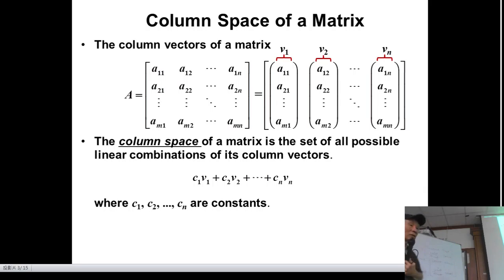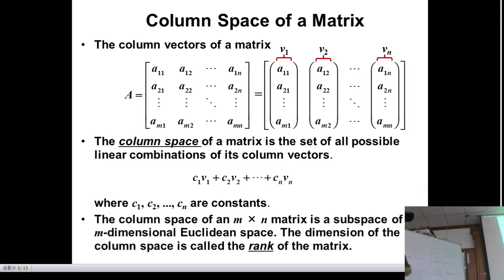So this is what we call column space. The column space of an m by n matrix is a subspace of m-dimensional Euclidean space. The dimension of the column space is called the rank of the matrix. This is just terminology.